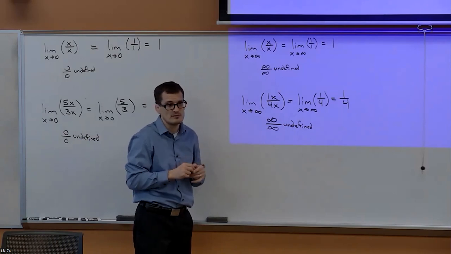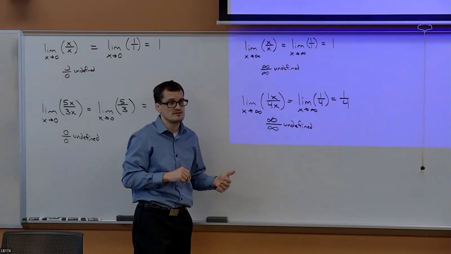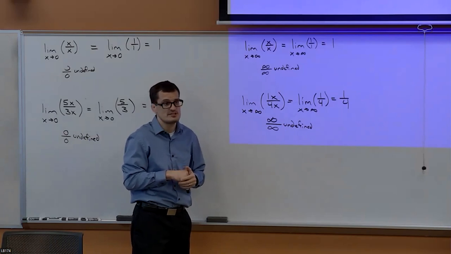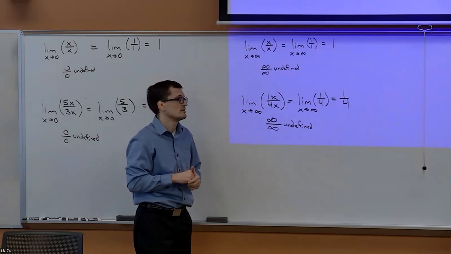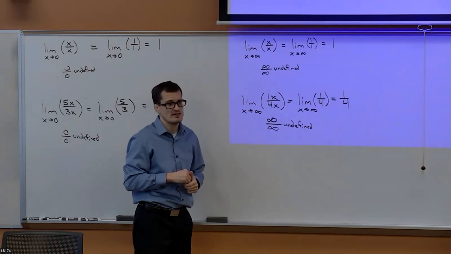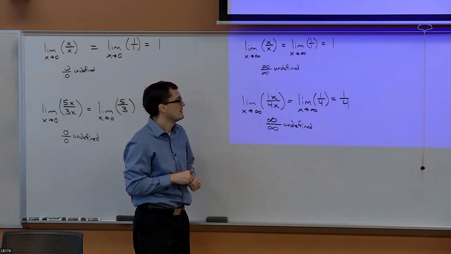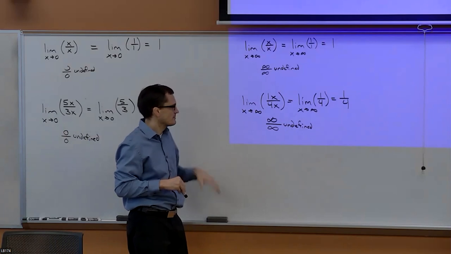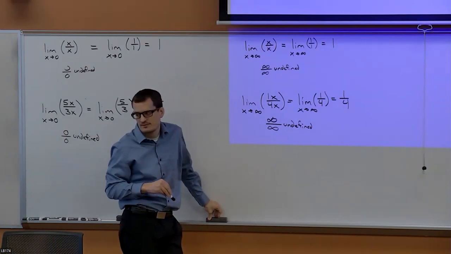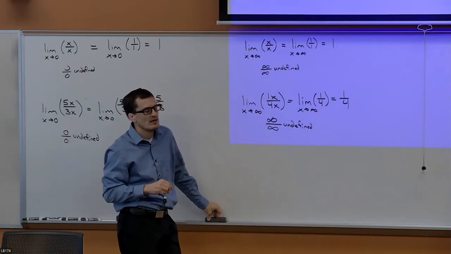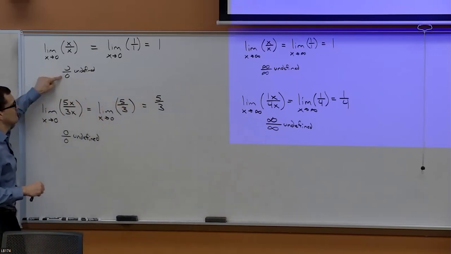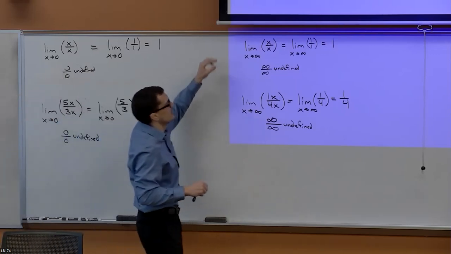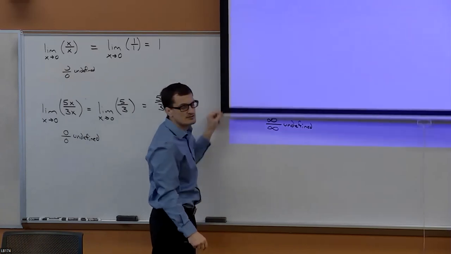Could be any real number, could also be infinity, could also be 0, could also be a negative number. I don't have any of those up there, but that's the idea. So these forms, 0 over 0 and infinity over infinity, are special cases.